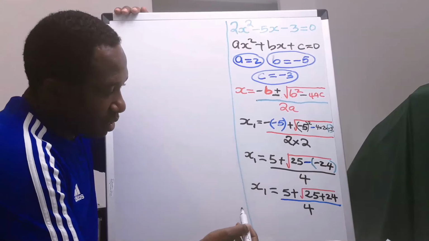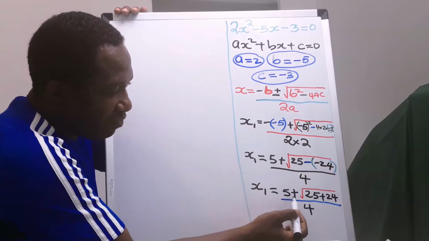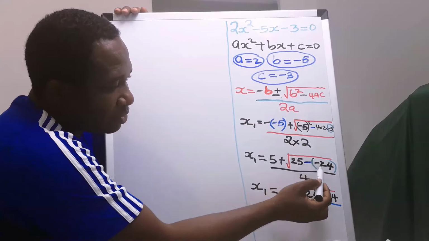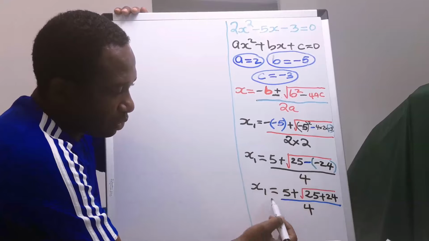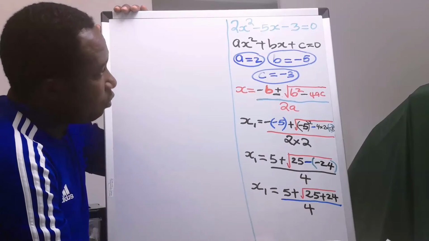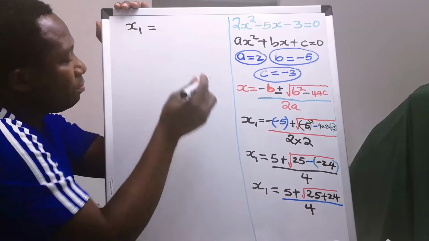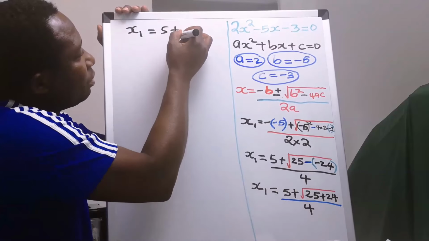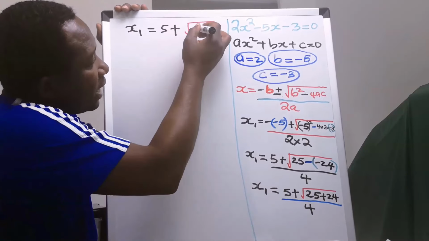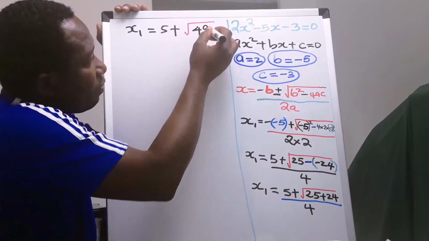Next, x1 is 5 plus, minus times minus is plus. Everything divided by 4. x1 will now be 5 plus, and inside the bracket, we're going to have 49.